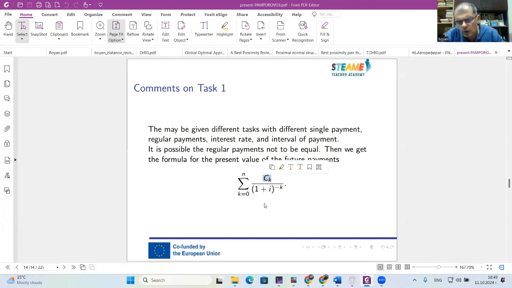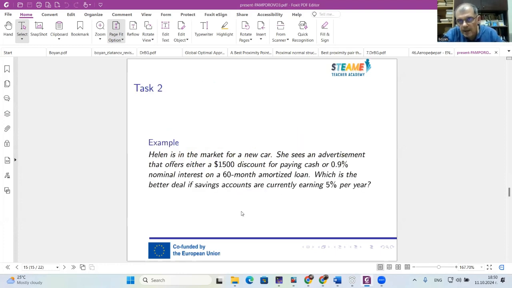And this formula presents how we can calculate which type of payment will be better for us and to choose the cheapest one compared to the present moment.